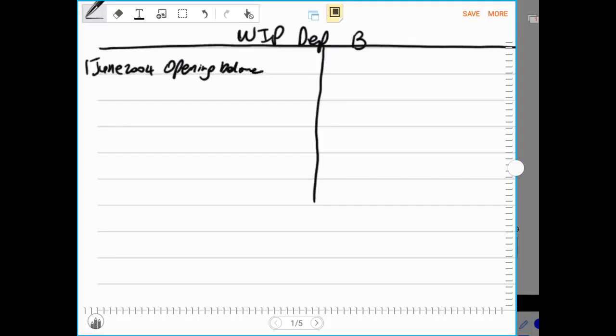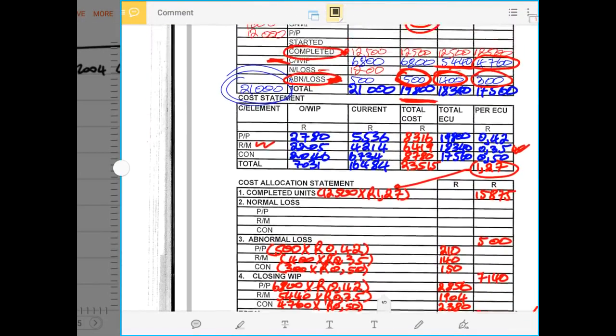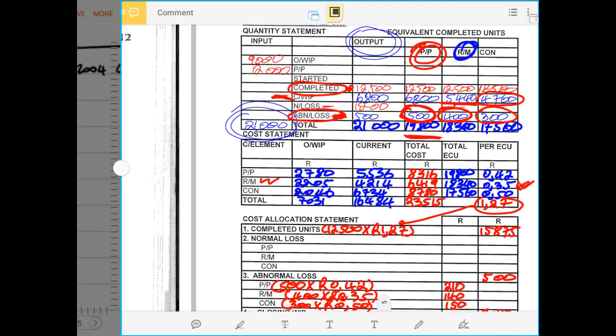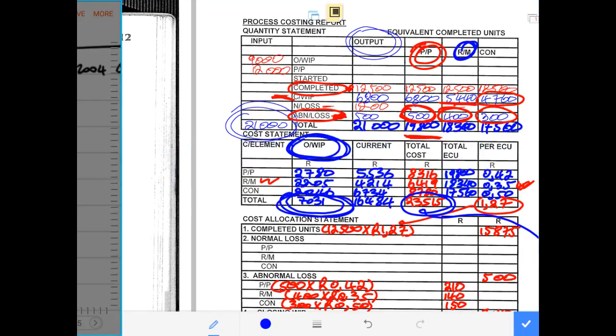Our opening balance will be with regard to the opening balance that was given to us. So our opening balance will be a total of 7,031, because this is the opening work in process. This is the work in process opening balance, and the total opening balance is the total amount here, 7,031 at the bottom.